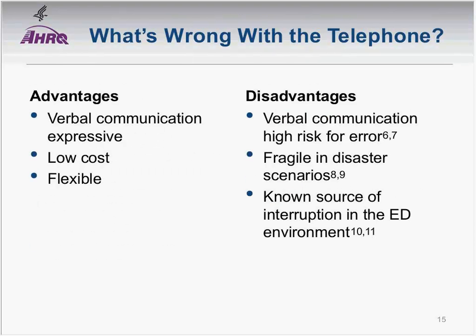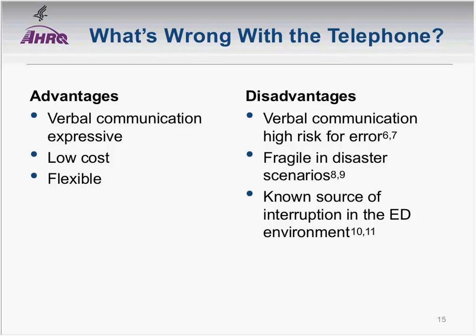So let's take a closer look at the use of telephone communication to support this process. Telephone can be useful. It enables highly expressive verbal communication. It is very low cost and it requires little to no configuration. You just pick up the phone and dial. However, studies of healthcare environments also show that there is a high risk for error in verbal communication.